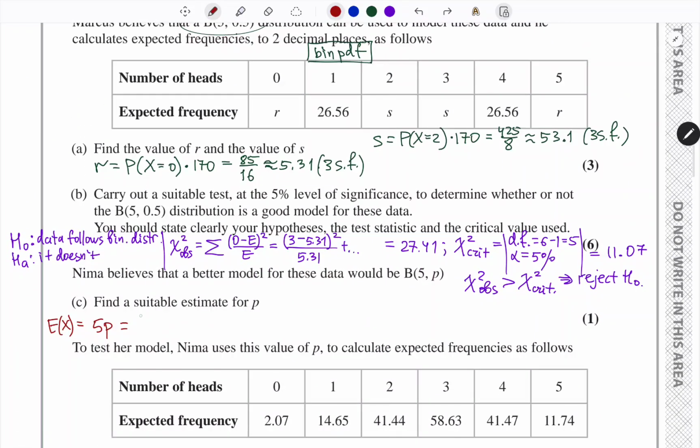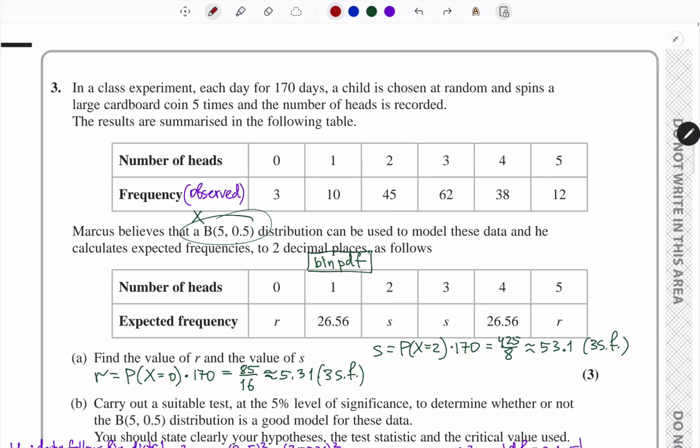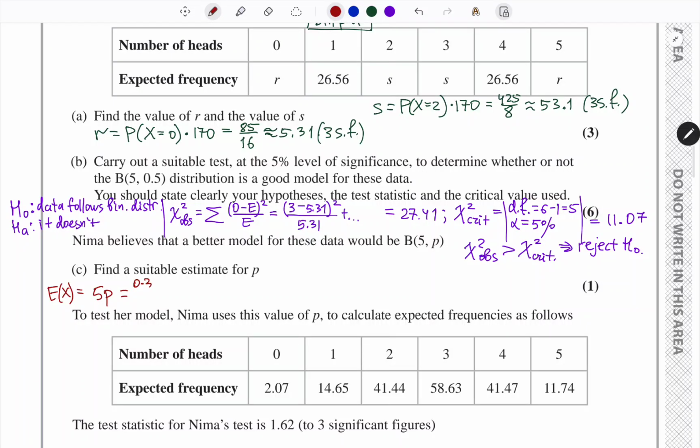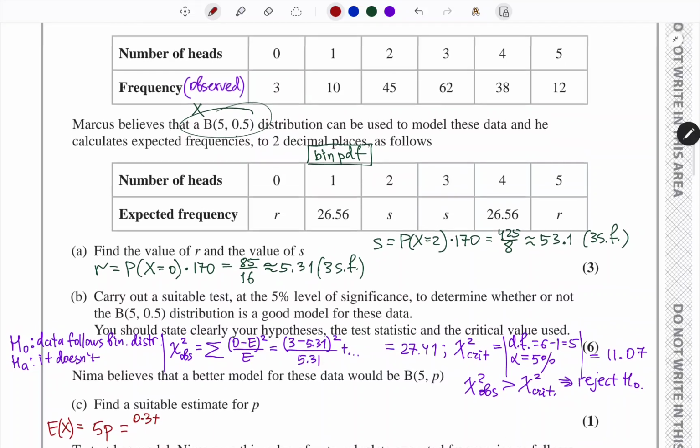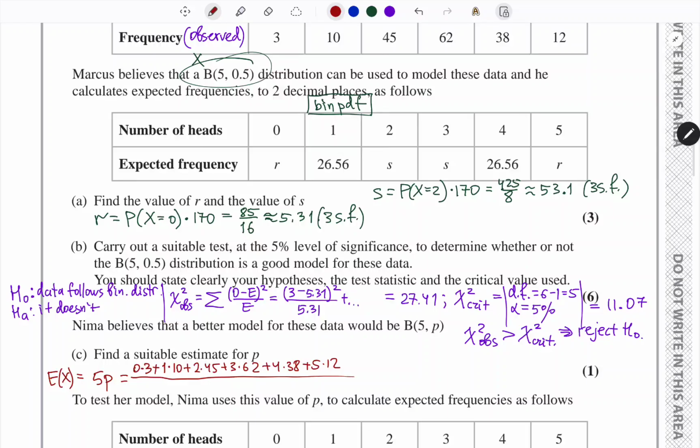So it's the value of the random variable 0 times the frequency 3. Let me look at the table: 1 head, 1 times the frequency 10, 2 times 45, 3 times 62, 4 times 38, and 5 times 12. And then I divide by the total number of observations, which was 170.